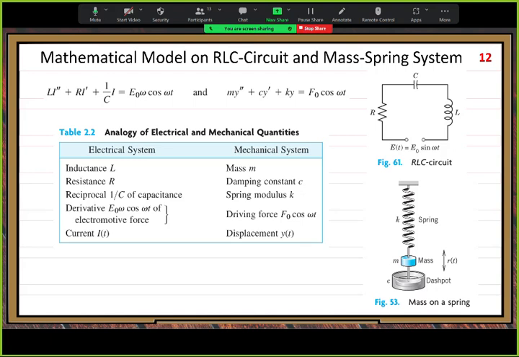Your devices to measure those quantities are usually not very accurate. But when we measure the quantities in the electrical system, we have many good devices and can do accurate measurement. That means you can do simulation.